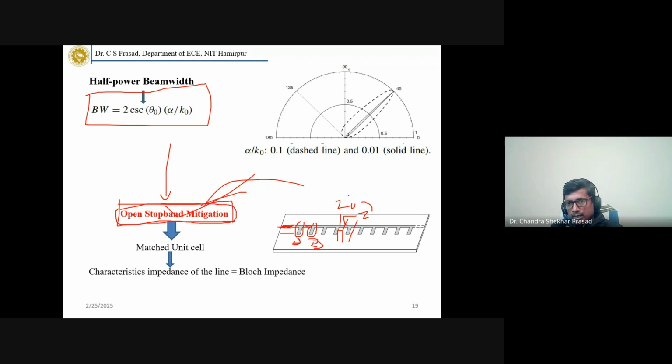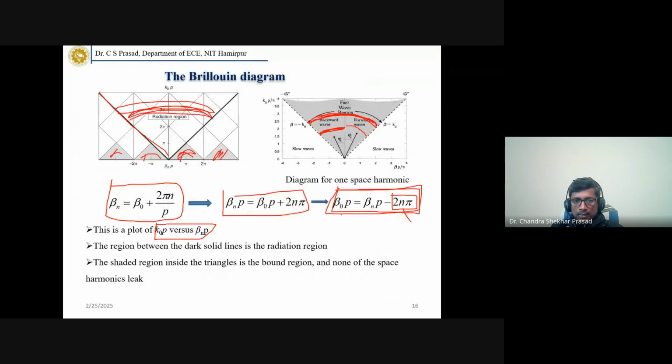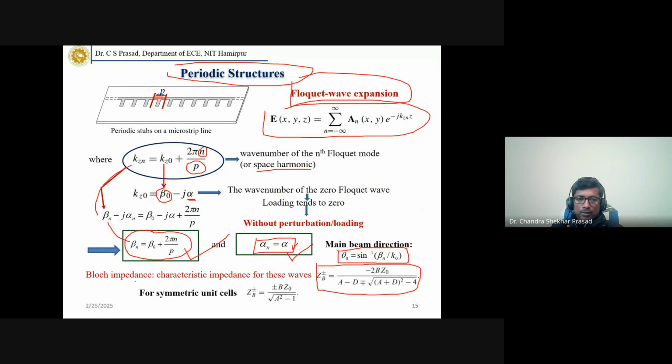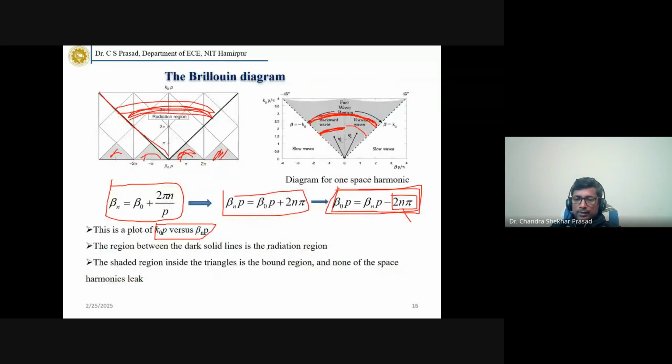So this Z, the input impedance, is important, and as I just discussed, this was your Bloch impedance. We have to calculate it using this relation, which is in terms of ABCD parameters. We can convert this into scattering parameters and find it.